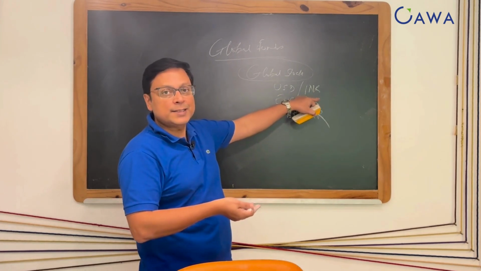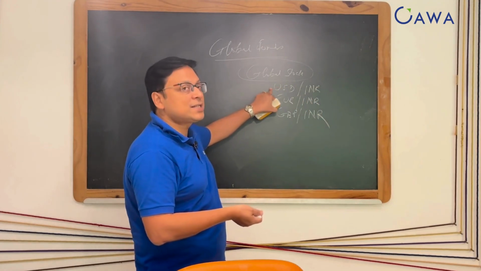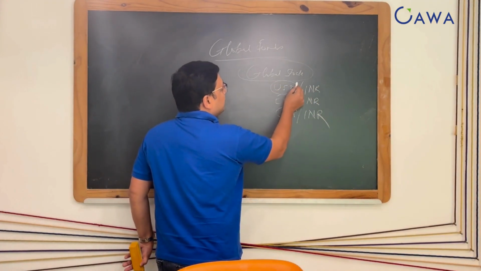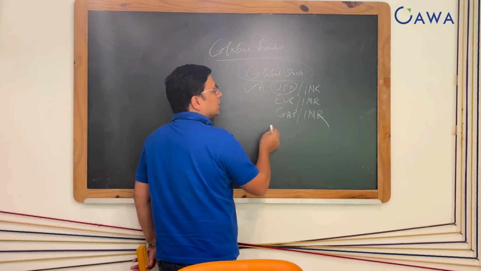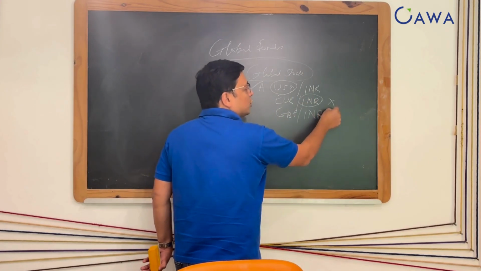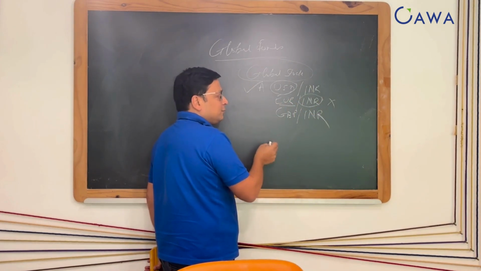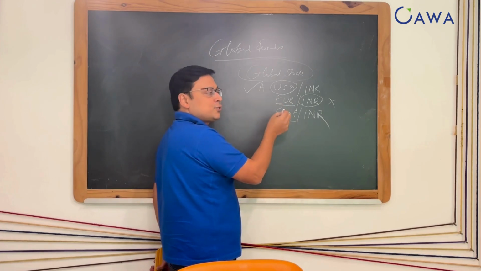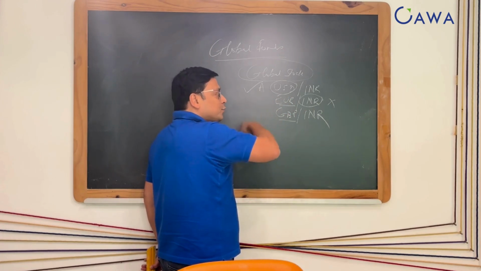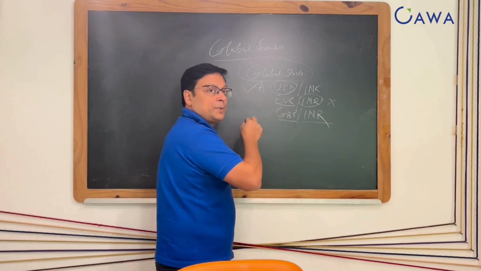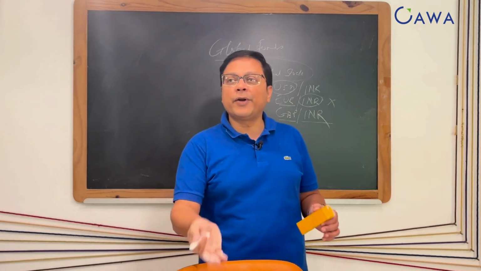So if the Indian currency depreciates and USD appreciates, it's fantastic. If the rupee appreciates, it's not good, because if you're investing in euro or GBP, you want those to appreciate. After you invest, if the rupee starts appreciating, that means it was not a great choice.